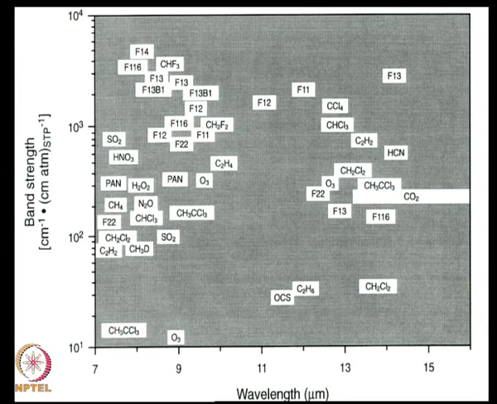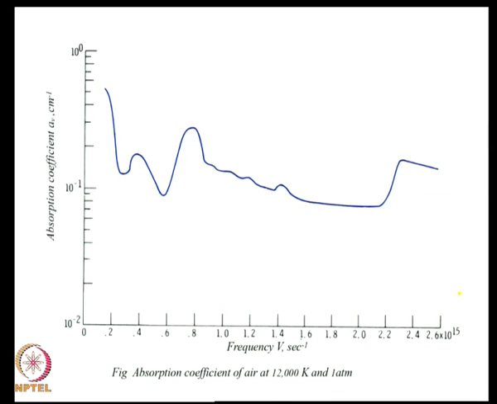Now, next we move on, we got a general picture of how the molecules behave. Let us look at a few more examples to illustrate. Here is the absorption coefficient of air at 12,000 degrees Kelvin.